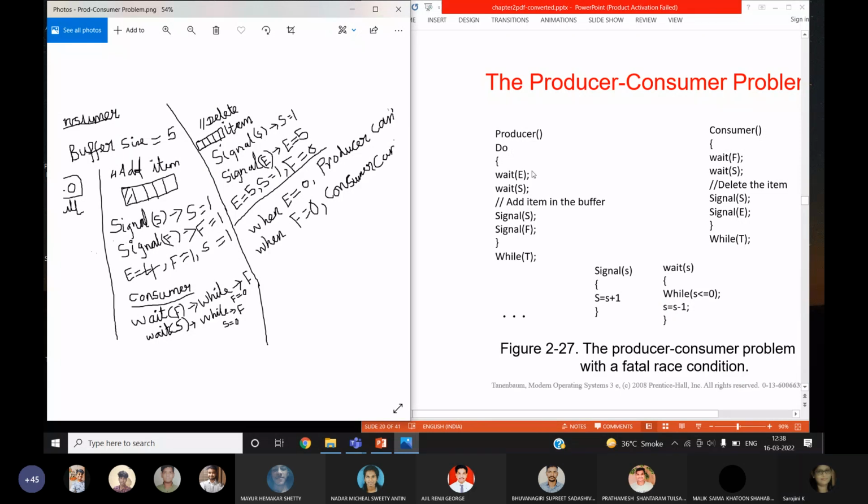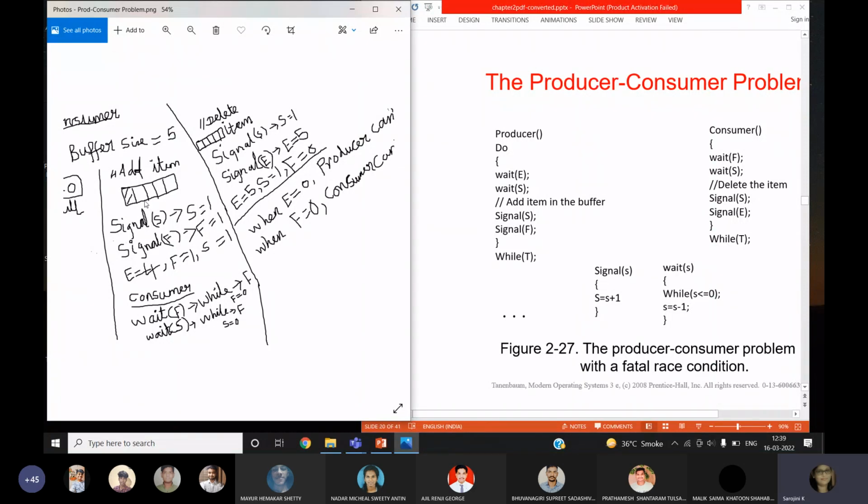For example, the first process did not exactly add the item, but it is executing wait and signal. It is seeing that empty is 5, so it came here. It is successfully executing. Now, at that time, assume that you are allowing the consumer. What will happen? The consumer sees that full equals 0, nothing is full. So he should not be allowed inside the buffer, because the producer is in the process of producing.